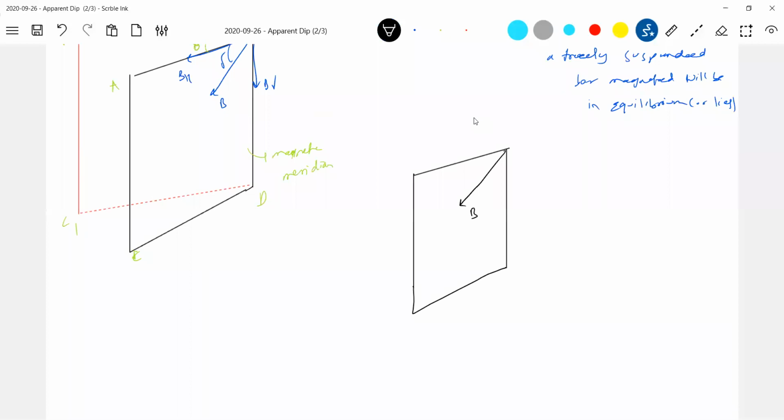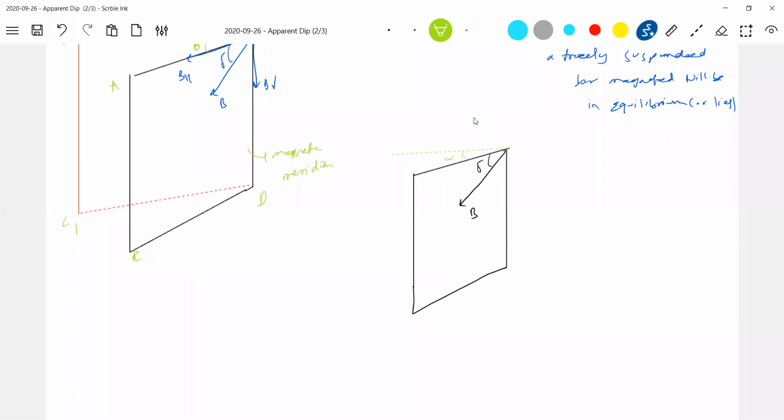This is the magnetic field B. This is delta. Now I'll rotate the dip circle through a small angle. Means I'll just suspend the bar magnet, and from there I'll rotate it through a small angle. Let me take this as alpha.